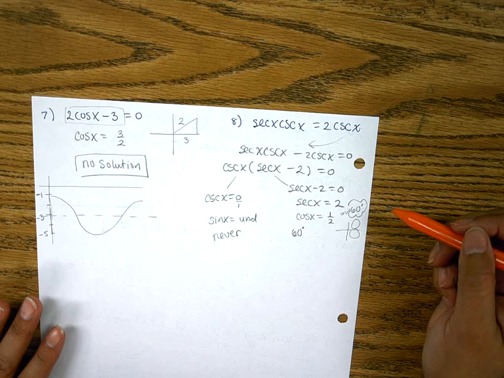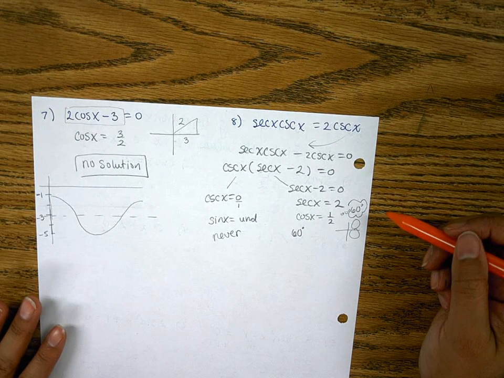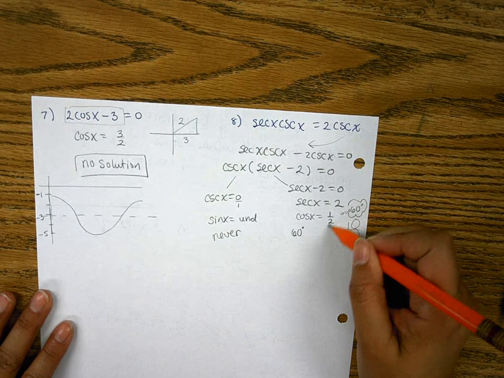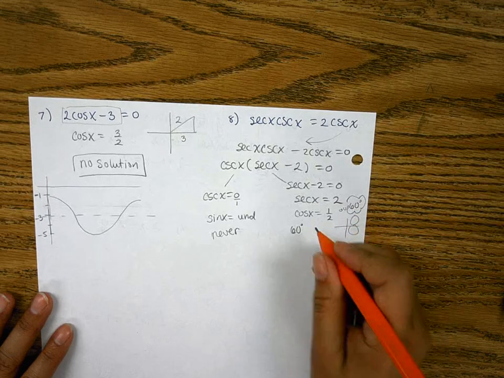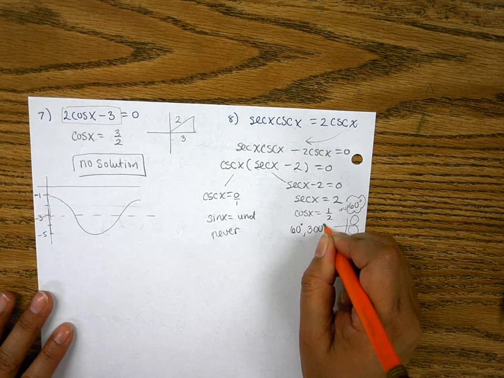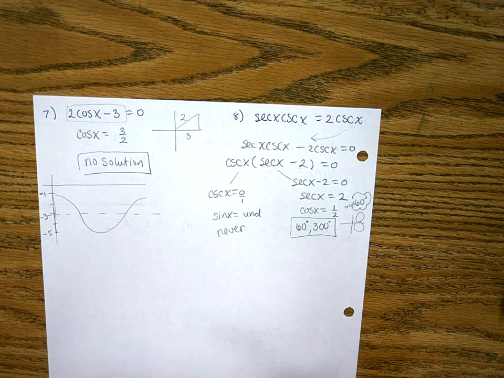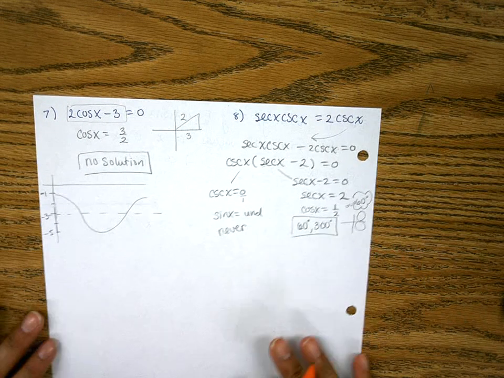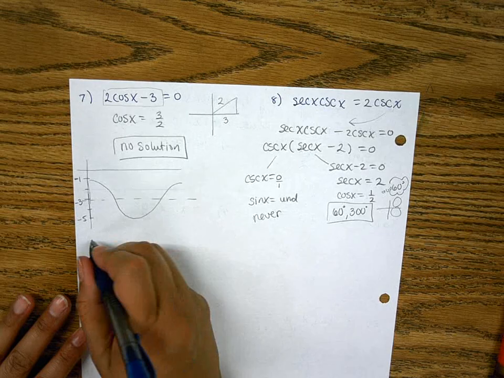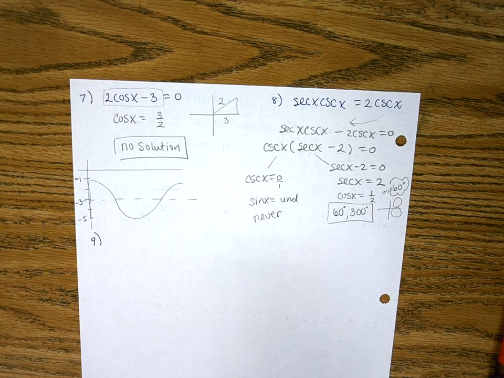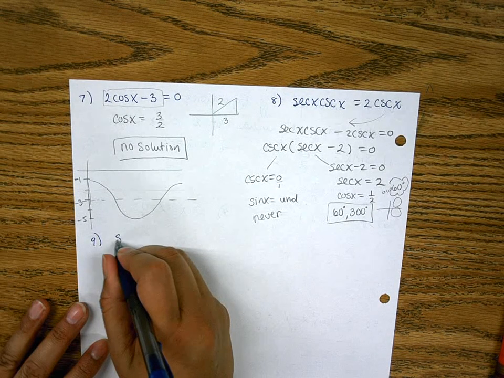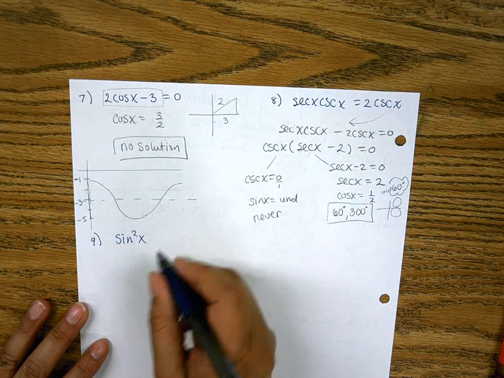Cosine's also positive in quadrant 4. Now we're not using the restrictions of negative 90 to 90 anymore. It's 60, you go all the way around, and 300. Okay, again, we're not using the arc or inverse sine and cosine business, so we don't use the negative 90 to 90.